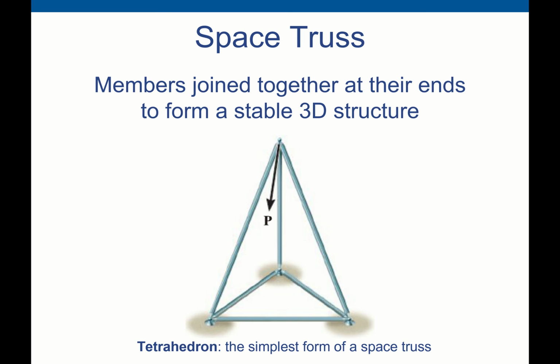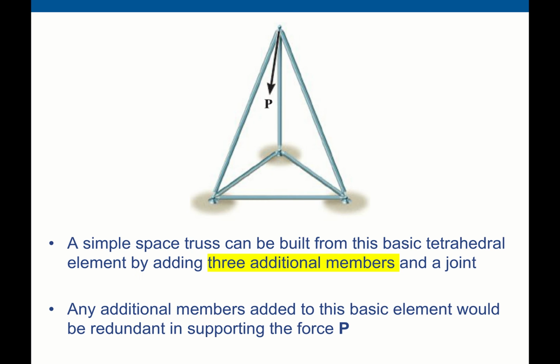So members are joined together to form a stable 3D structure. We call this a tetrahedron, the simplest form of a space truss. So here you can see, how many members do we have? 1, 2, 3, 4, 5, and 6.